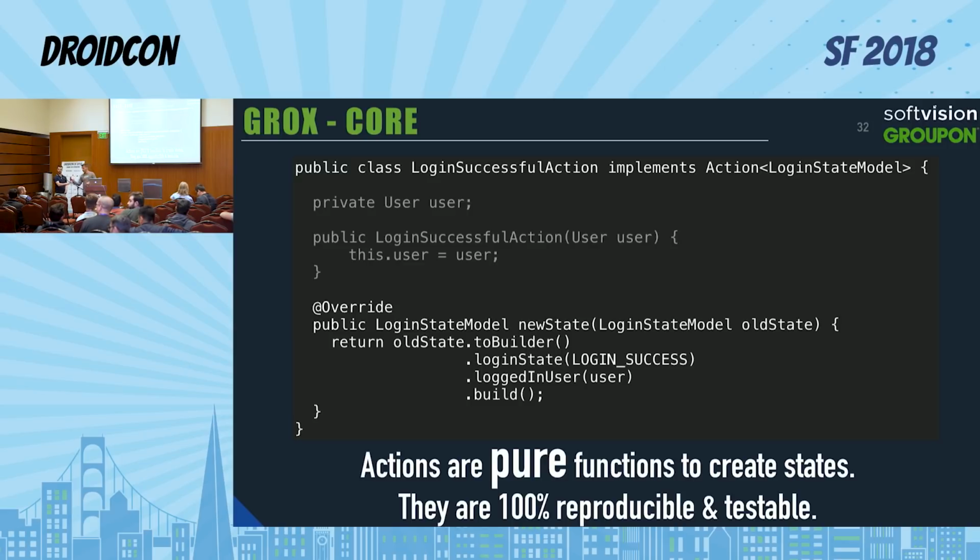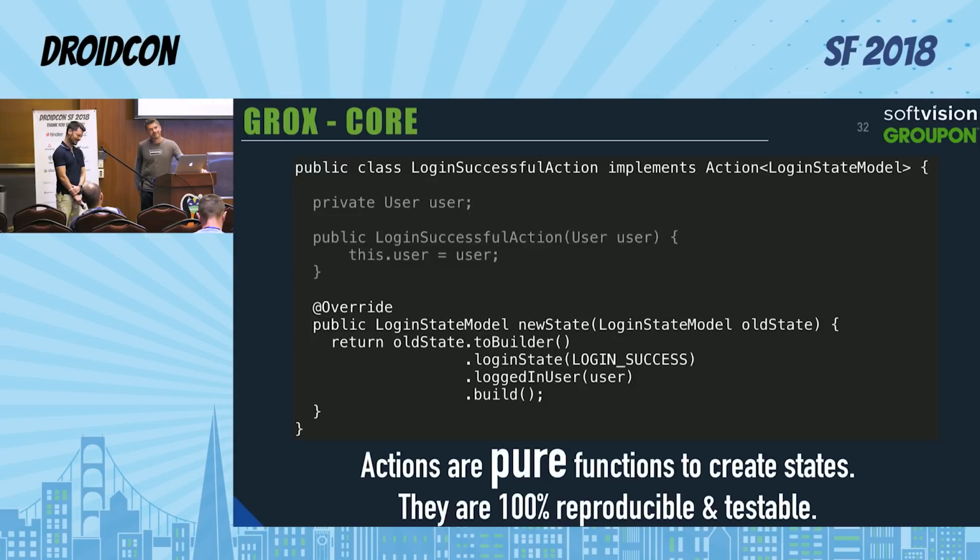I have a bunch of questions, actually. First question, where is the store state stored? Is it stored in memory? Is it stored on a disk somewhere? Usually in memory. You can save it on disk, for example, if you want to survive an activity crash or the activity finishing.